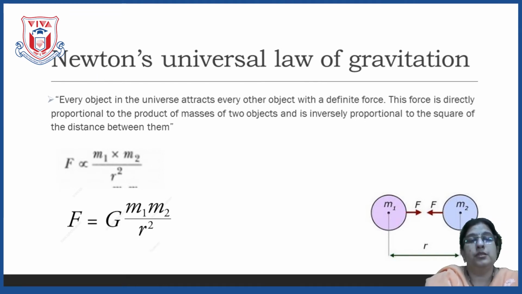Kepler was not able to explain whether there is a force in between the two objects or not. That was not possible for Kepler to explain. So who worked on it?